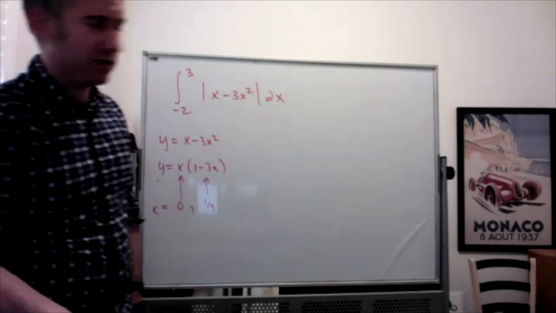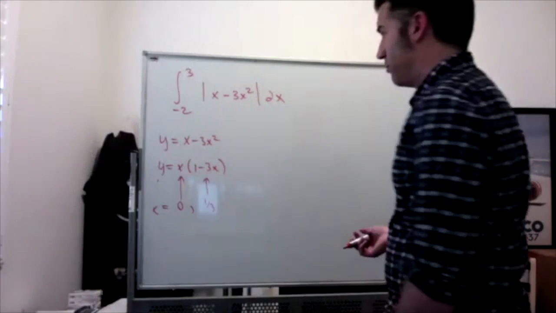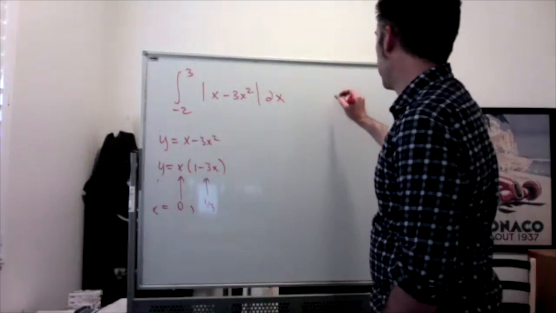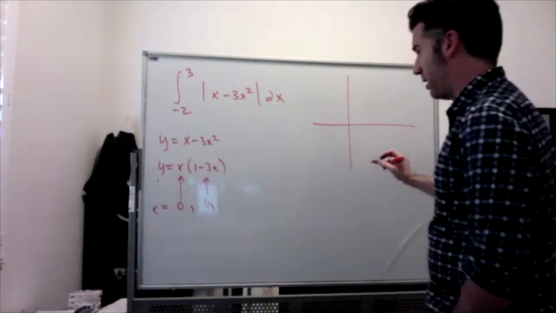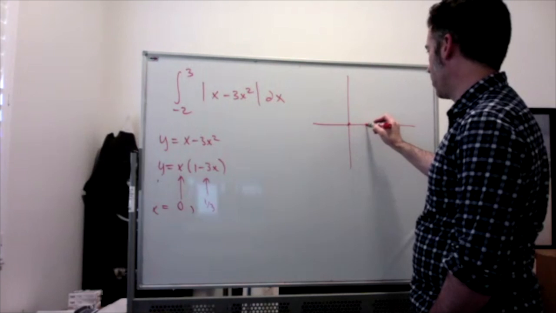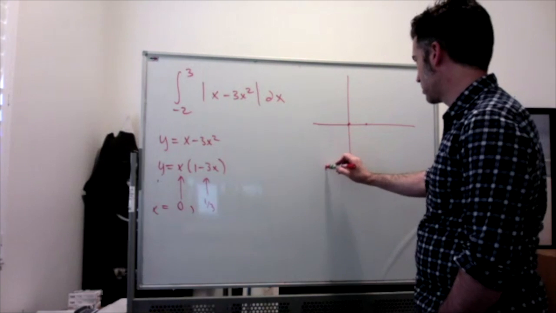So those are my points of intersection. So here's what the graph would normally look like. I'd hit at 0 and at 1/3 and it would look like this.